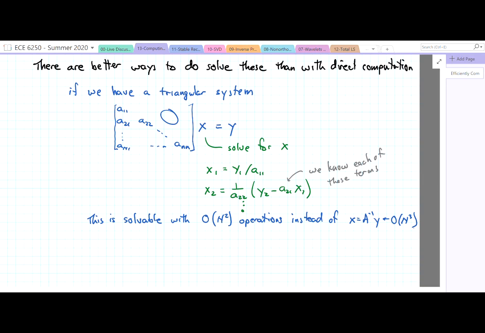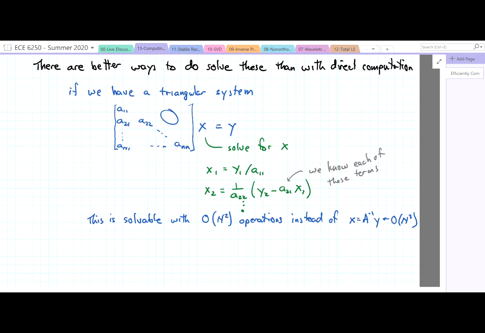Turns out that it's very rare that we can get anything that's less than order n squared, but we can often get order n squared. Now if you have something small, if it's a 3 by 3, you're saving on the order of 3x operations.